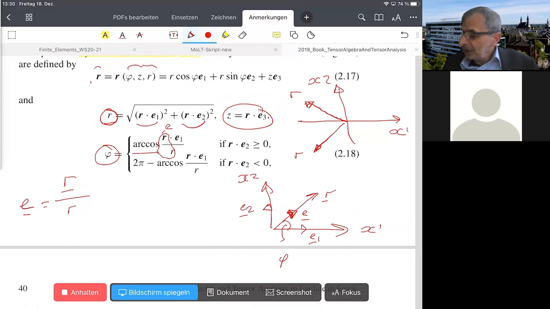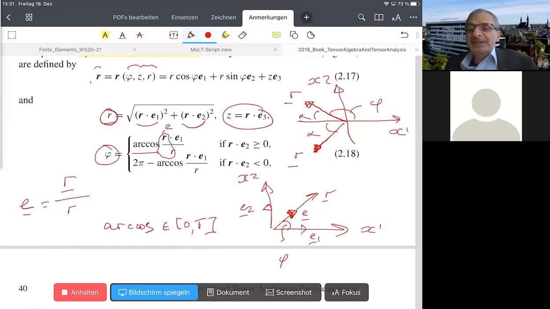The problem is that arc cosine is defined between 0 and pi, right? In this interval. That means that if I have this vector with the same angle here, alpha, let's say, this is our angle phi, but here I have the same angle alpha, then we get a non-unique result. So both of these vectors r will give us the same value of arc cosine, right?